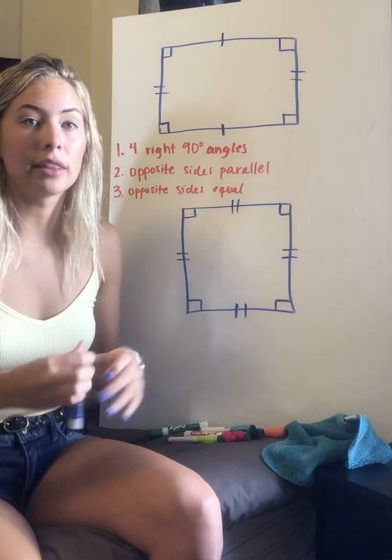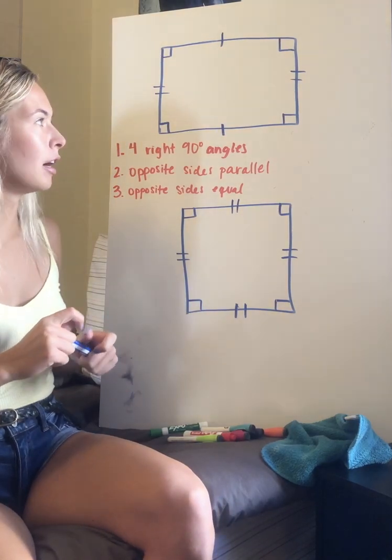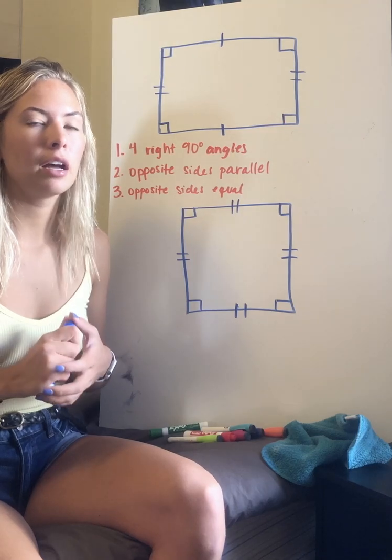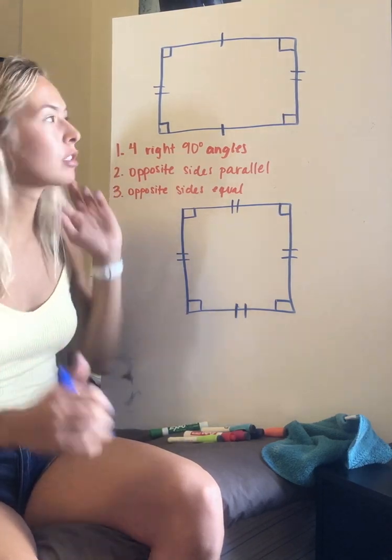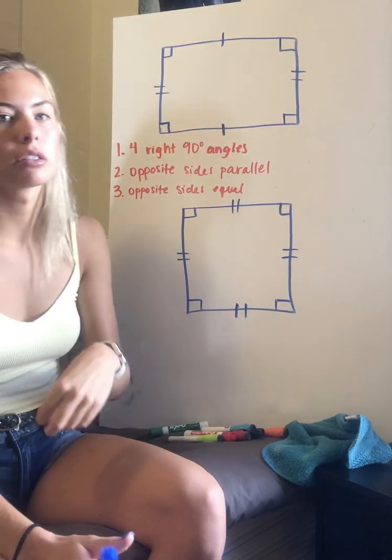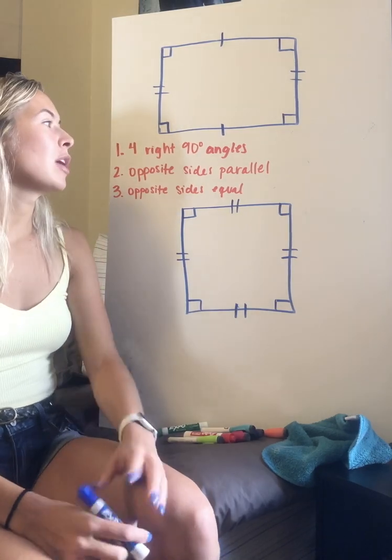And that shows that that angle is a 90-degree angle. In geometry, we also show the length of a side by using tick marks. So, like on these, there's one tick mark, and these have two tick marks. And we'll explain that as we go through the checklist, but just so you know what those mean.